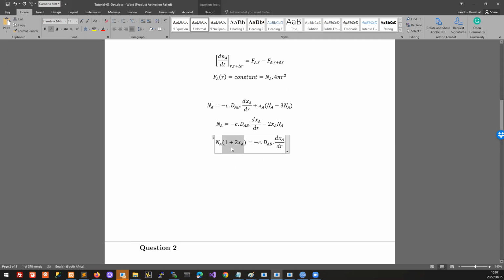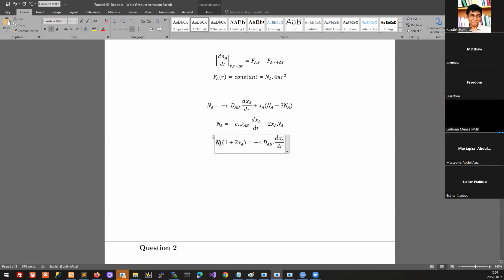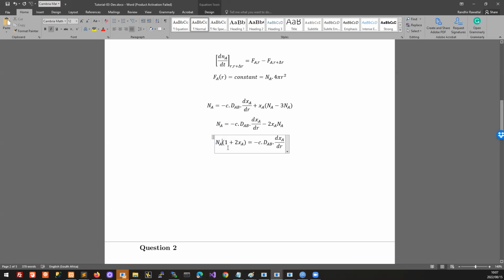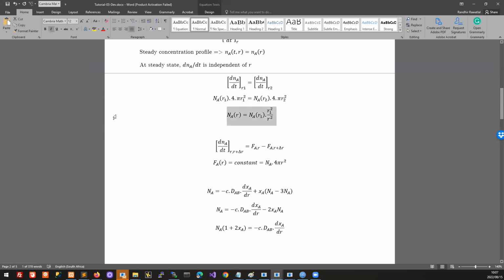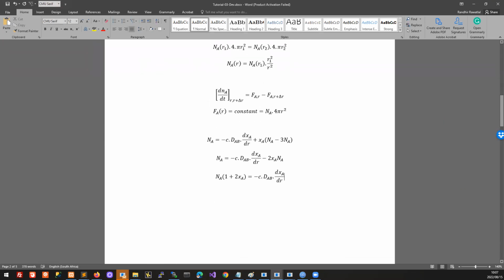We have the variable x_A here. And as we've said just now, N_A is a function of radial position also, so now we need to account for that, and we've already done it here. N_A has this relationship with the radial position. What may be suitable for us is, instead of choosing some arbitrary R1, to choose the surface of the particle, at radial position R0.